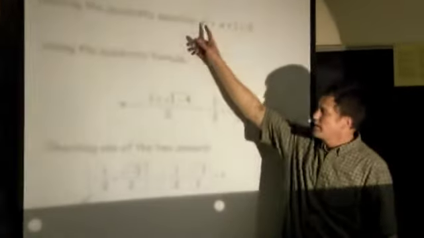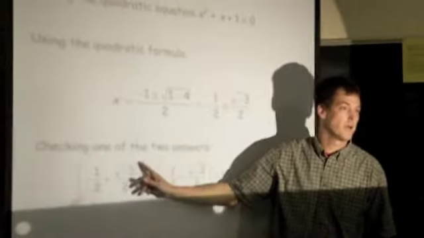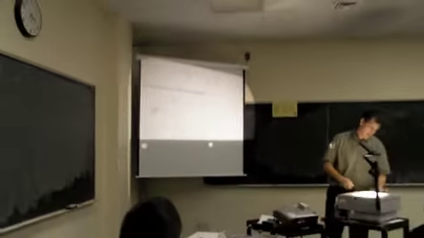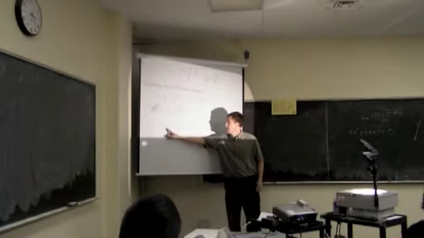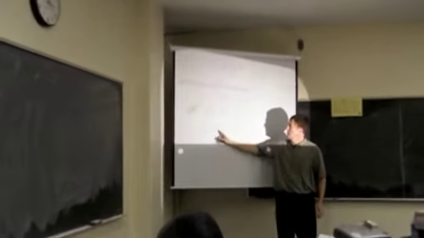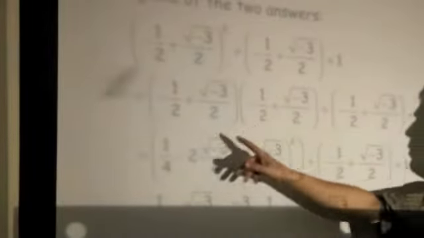So the first thing that we do, if we're checking one of those 2 answers, is in the place of x squared, we put this big mess squared. In the place of x, we put the mess again, and 1 there. And we're just going to hope that once I do all this math, it'll work out to 0. And sure enough, it did. Foiling the top one out, instead of just writing it as this thing squared, I write it as this thing times itself. You get negative 1/2 times negative 1/2. You get 2 of these negative root 3 over 2.